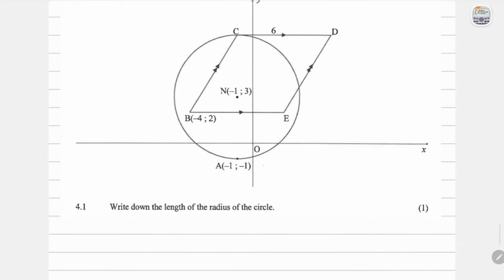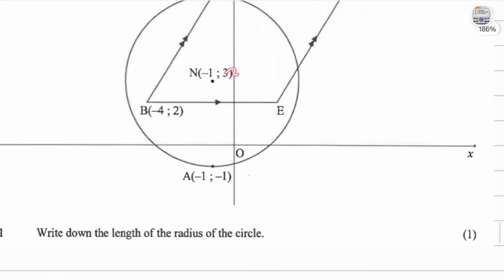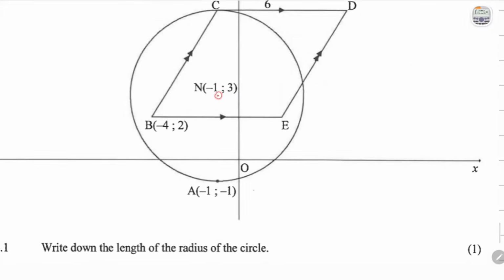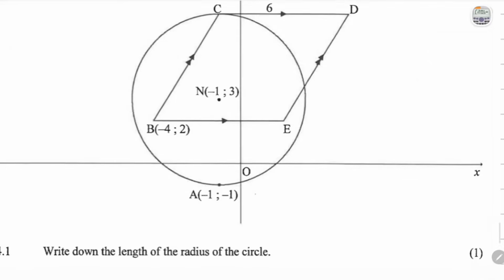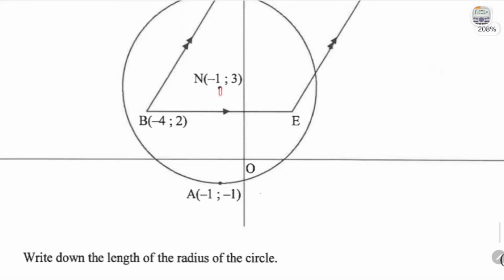Okay, so to find the radius, we know that the radius goes from the center of the circle to the circumference. But these two points, you can see that they share the same x value, -1 and -1, meaning this is a vertical line. So to find the length of this line, you don't need the distance formula.